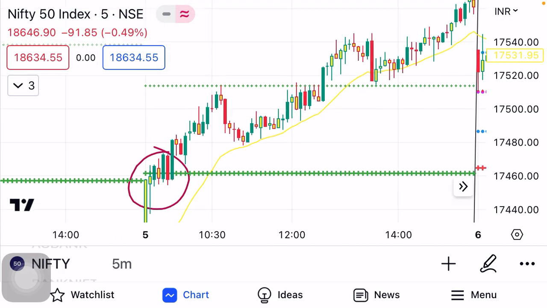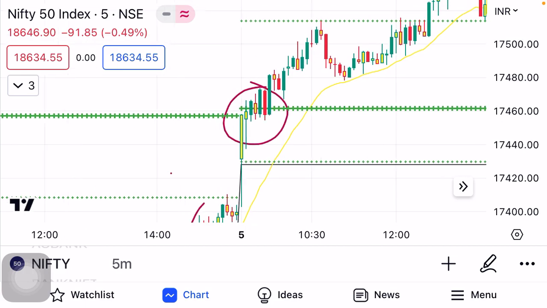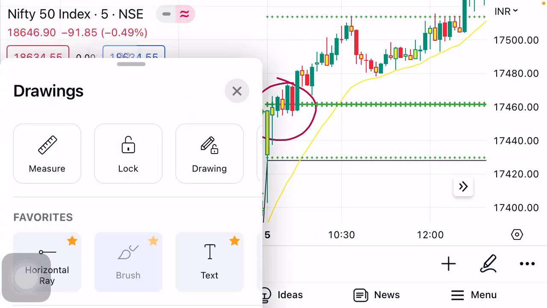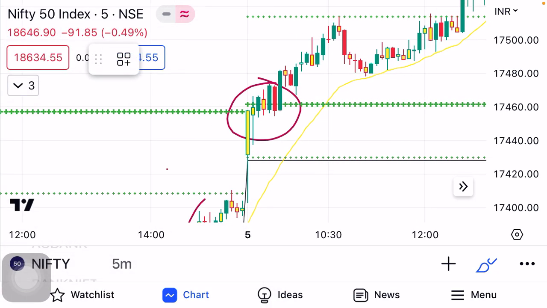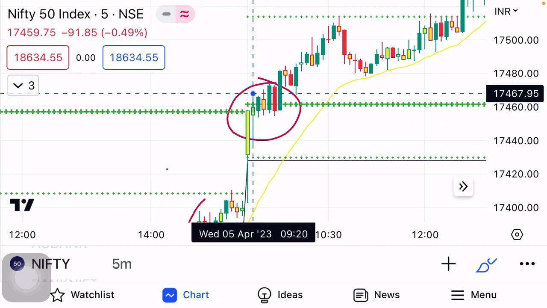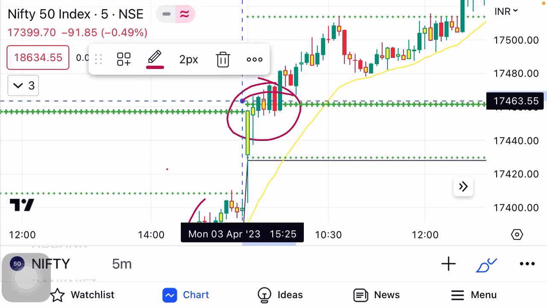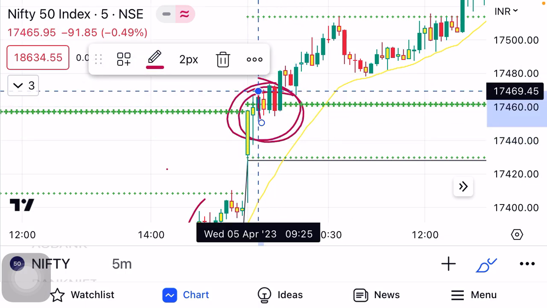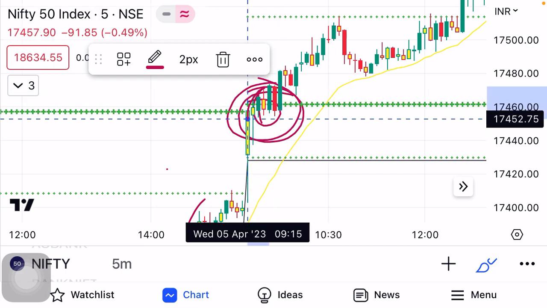See, it was a very clear up move, right? At what candle is it breaking? It is the third candle breaking H4, so it was almost a very bullish market. But we can't take a trade just because it is breaking in the third candle.